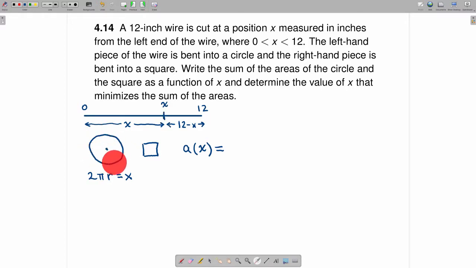I have wrapped it around in this fashion, so its circumference has to be x, which means we can solve for r. The radius r in this case will be found by dividing both sides of that equation by 2 pi. When you divide the left-hand side by 2 pi, you get r. When you divide the right-hand side by 2 pi, you get x divided by 2 pi.